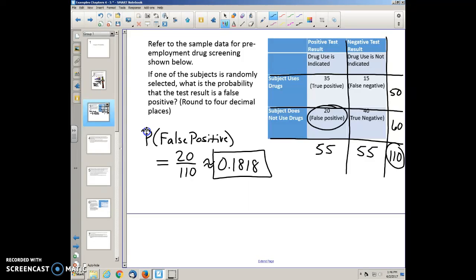And we can think of that in terms of percent, and it would be approximately 18.18% are false positives. So we could then state that there's a 50% chance of a positive test result, but there's an 18.18% chance of a false positive.